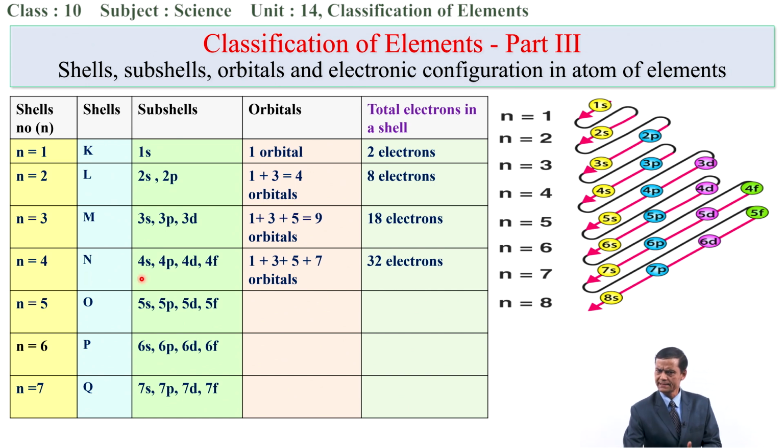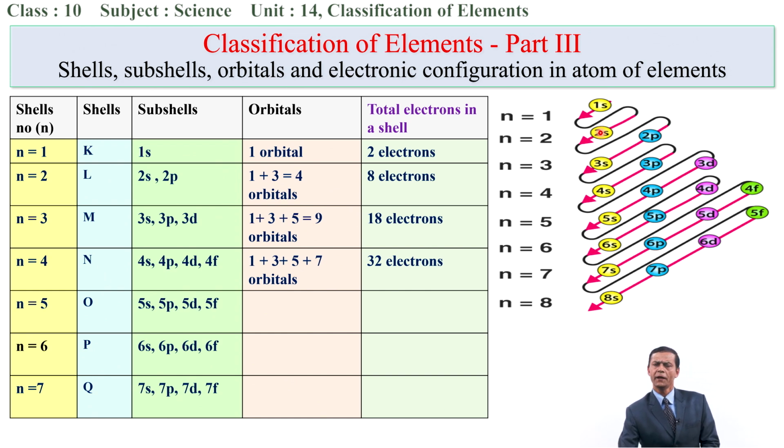Similarly, the N shell has 4s, 4p, 4d and 4f, and their orbital numbers are 1, 3, 5 and 7, so altogether 16 orbitals. 16 multiplied by 2, 32 electrons will be accommodated in the N shell, isn't it?